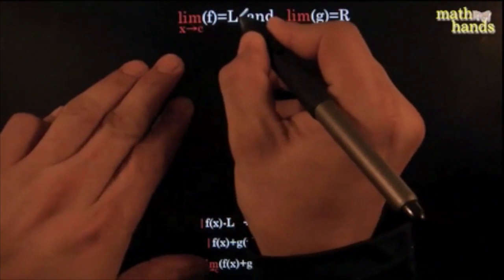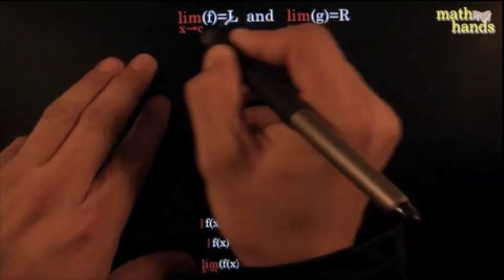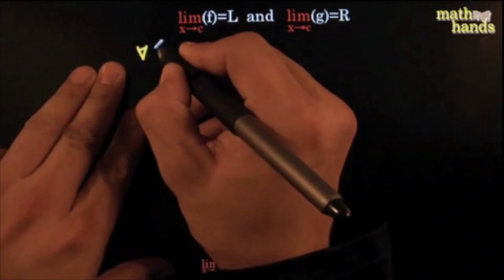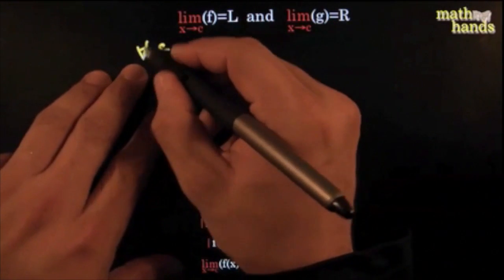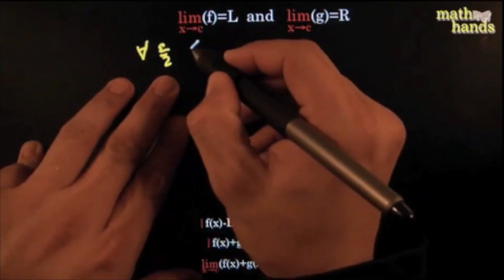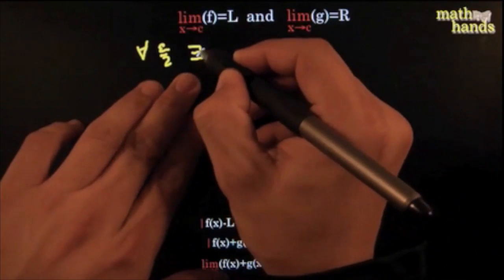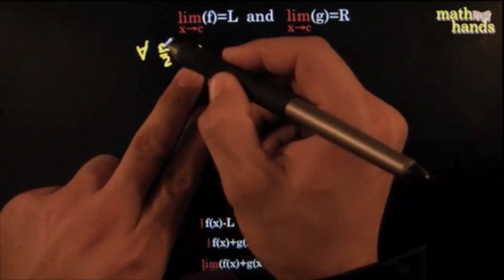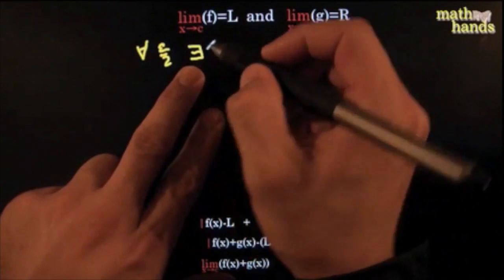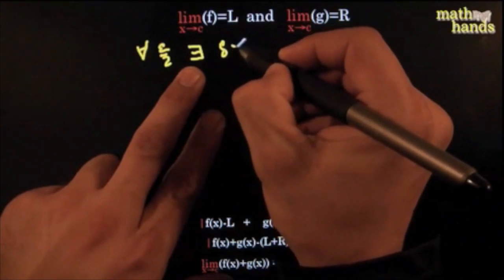Since the limit of f as x goes to c is L, then for any epsilon over 2, for example, there exists, this is the symbol for there exists, a real number delta greater than 0.